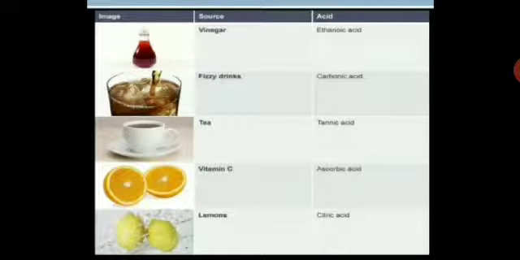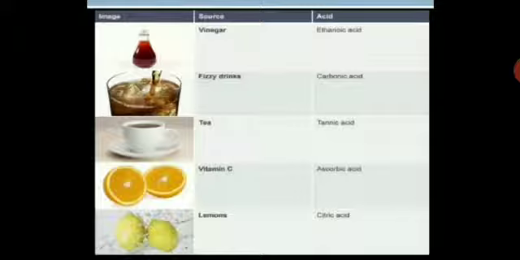So here you can see some of the substances which contain acids. Vinegar will have ethanoic acid. Then fizzy drinks will have carbonic acid, that is H2CO3. Ethanoic acid formula is CH3COOH. Tea has tannic acid, a natural organic acid.